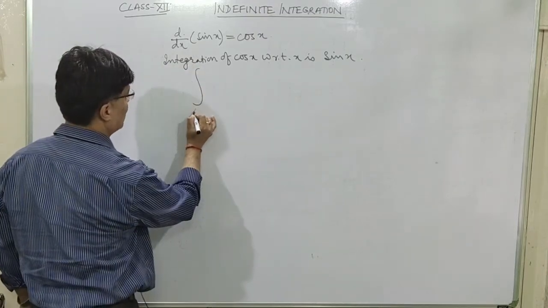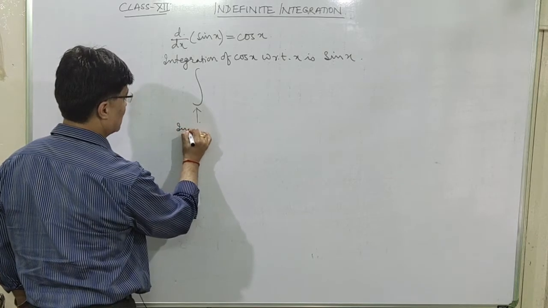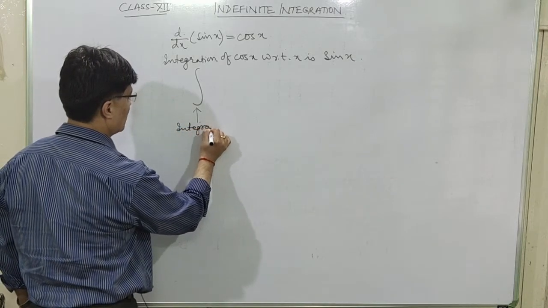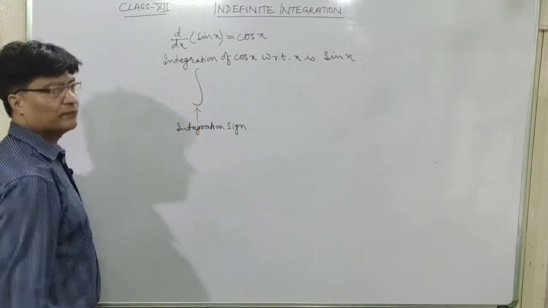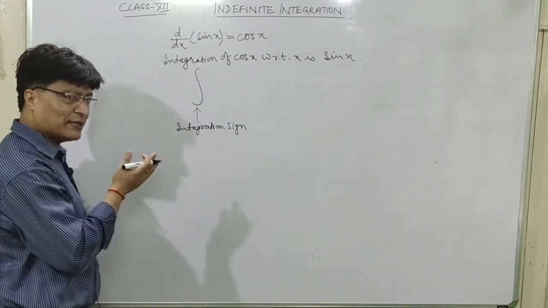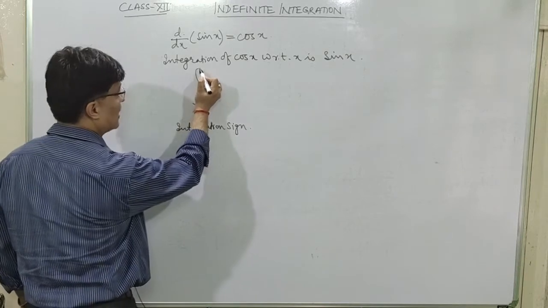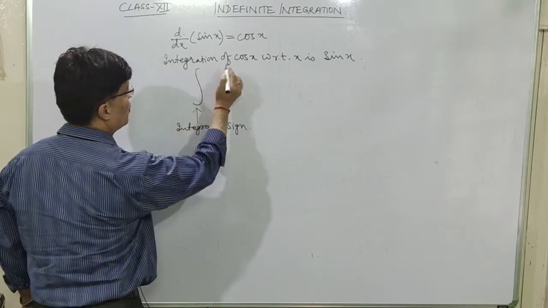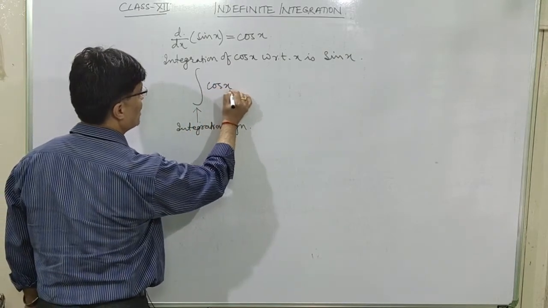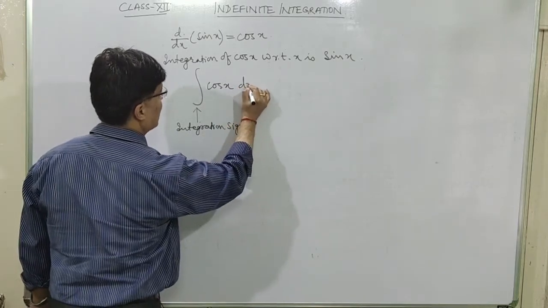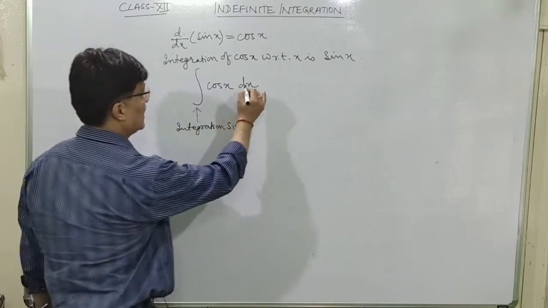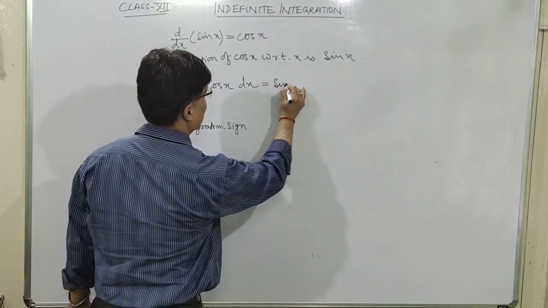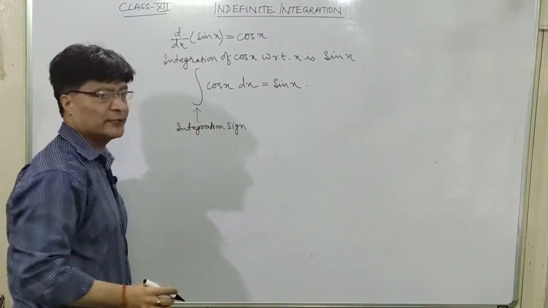This is known as what? The integration sign. So how do we write it mathematically? Integration of cos x with respect to x is written as dx. dx means with respect to x, is equal to, what happened? This is your sin x.